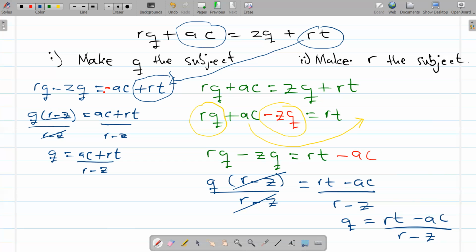Okay. So can we try making R the subject? Now we made Q the subject. We need to make R the subject. Do you want to try this?